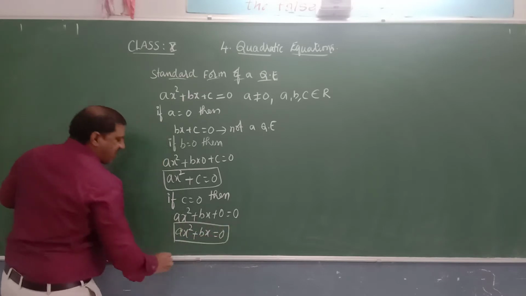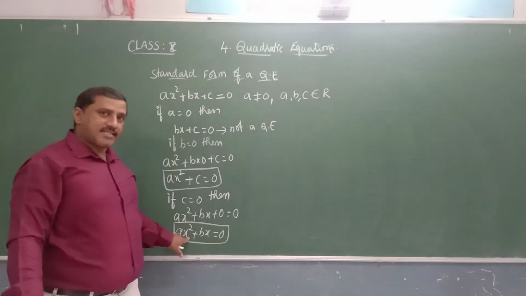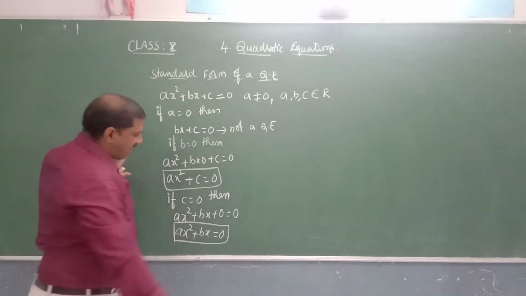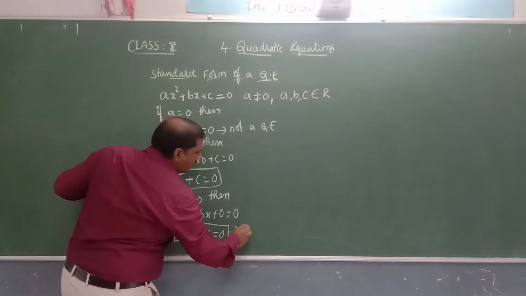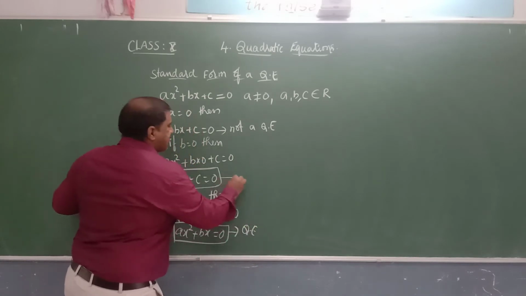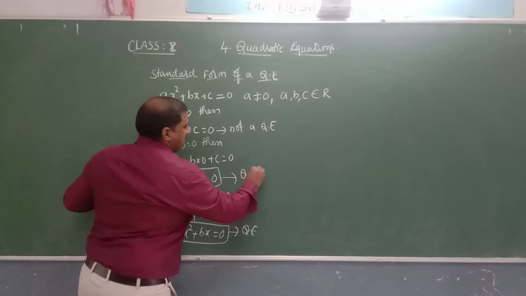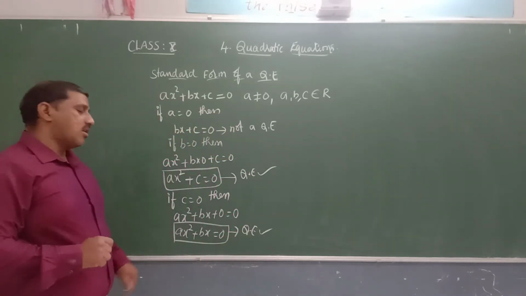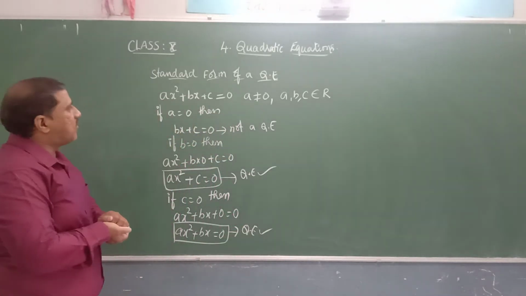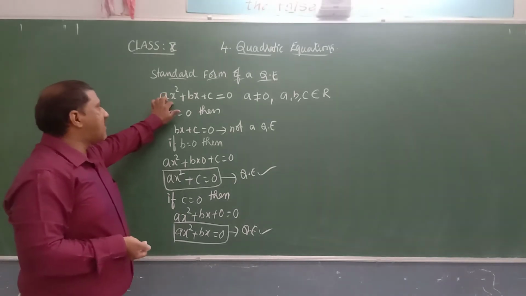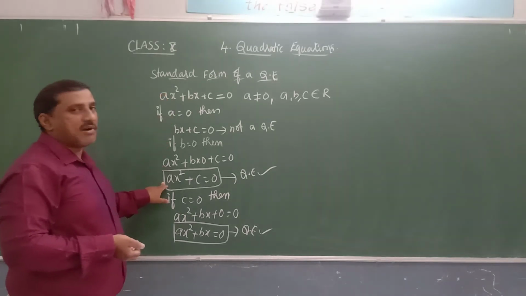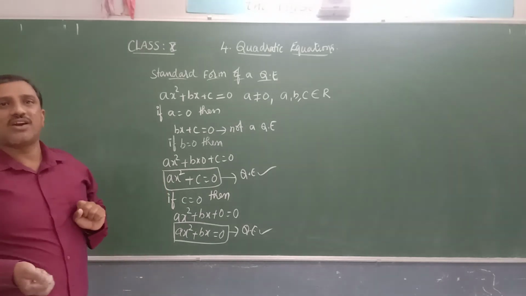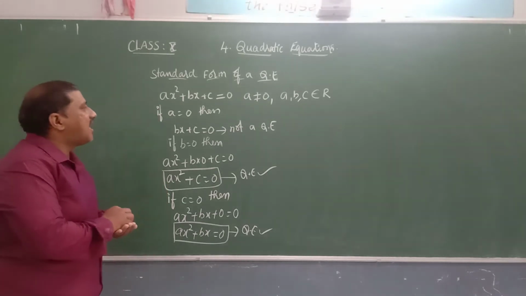Again, if we observe, the highest power is 2, therefore this is also a quadratic equation. Though b is equal to 0 or c is equal to 0, the standard form remains a quadratic equation. Whereas if a is equal to 0, the quadratic equation becomes a linear equation.